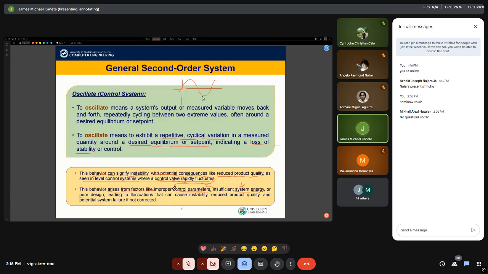Why does this happen? Why do we have oscillating outputs or unstable systems? So one cause could be the control parameters, i.e. some of the inputs in our control system or our transfer function is undesirable. So poor design can cause instability.